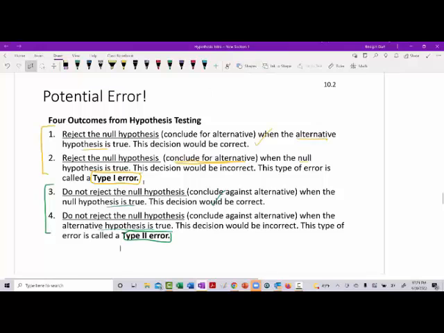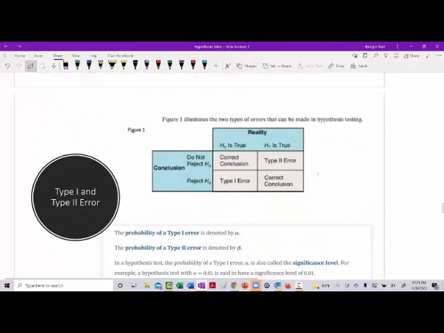Here are those two types of error summarized in this table. The problem is that the reality of whether the null or the alternative is true is not known. The only way to know this is to have full population data, and we rarely have full population data.